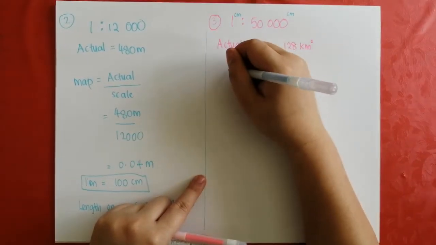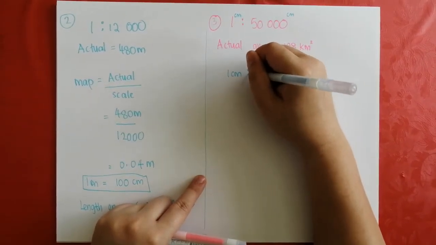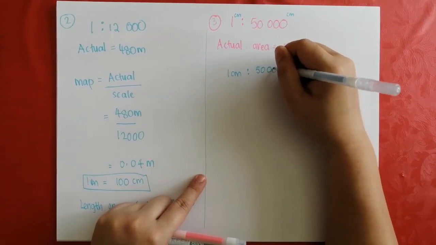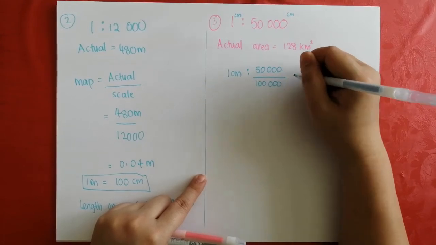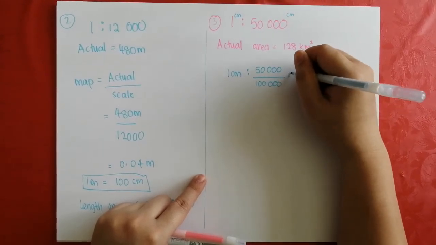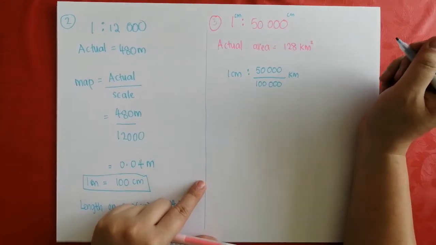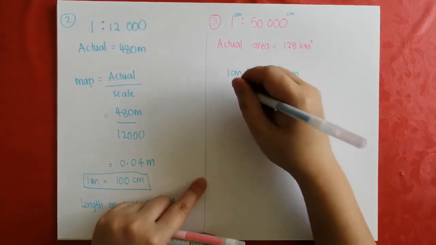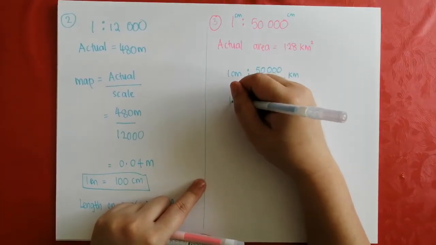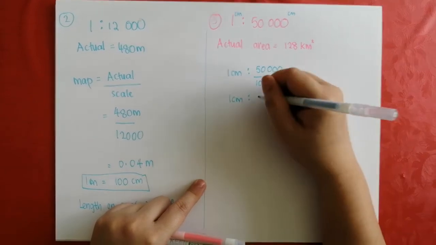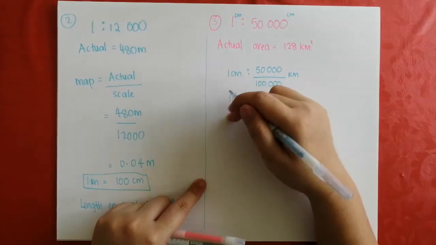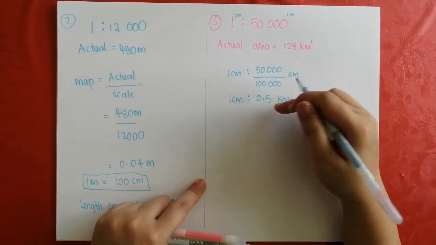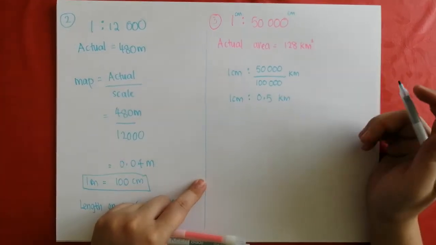So 1 centimeter will be 50,000 centimeter divided by 100,000 centimeter. Now my unit will be in kilometer. Simplify that, I will get 1 cm is 0.5 kilometer.